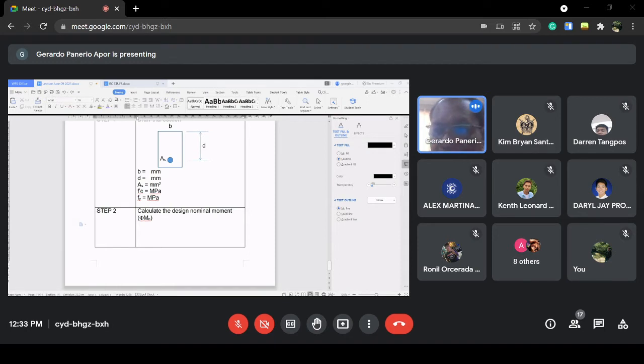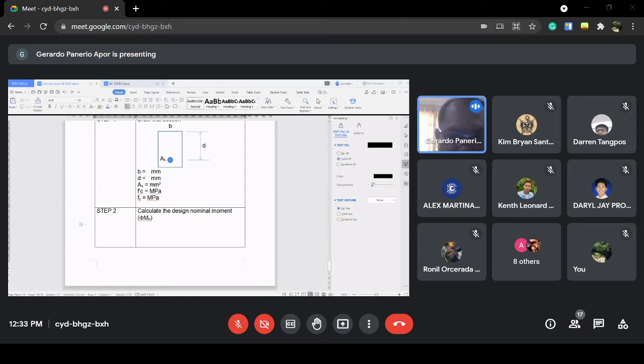Okay, this is the Whitney stress block. But I want the stress block alone. Okay, I need a small space lang. Okay, this one. Copy.